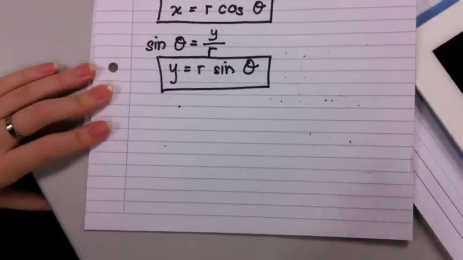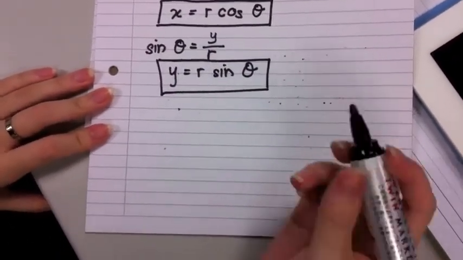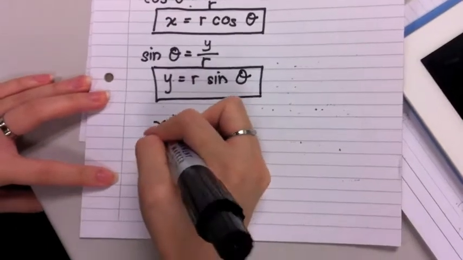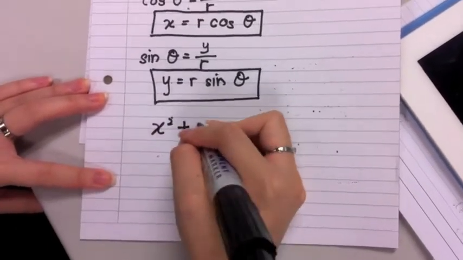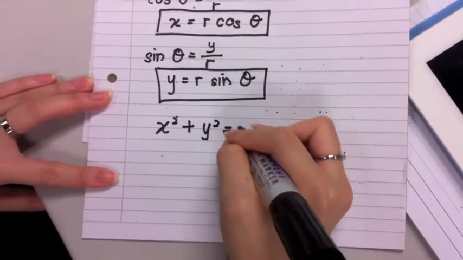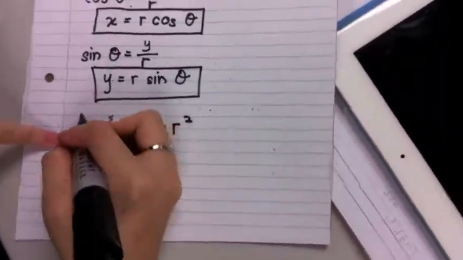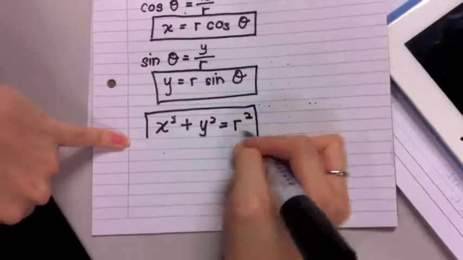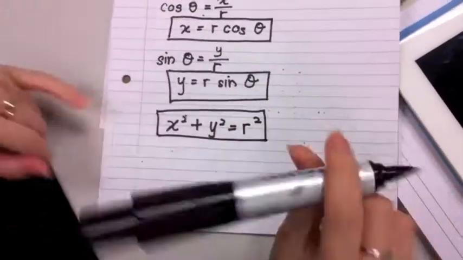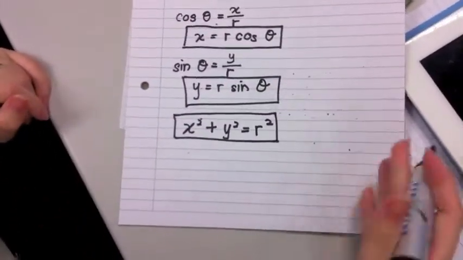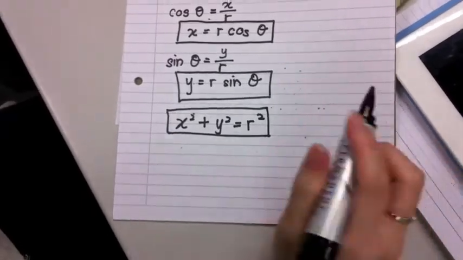And also the general circle equation is x squared plus y squared equals r squared. Using these three equations, we can solve and find whatever we want to find. I'll show you a question.